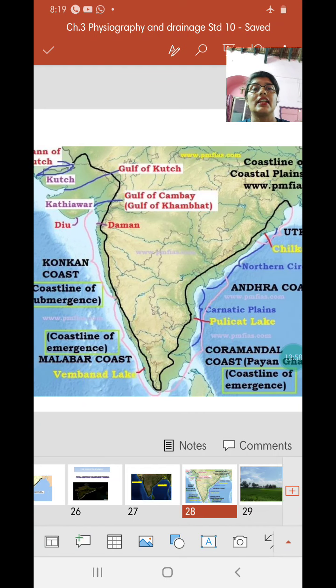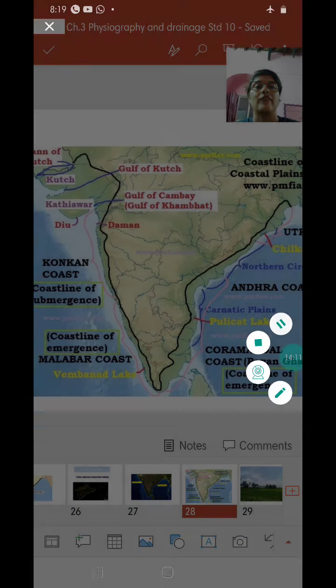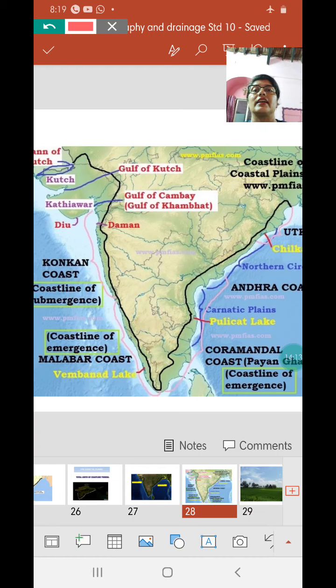The western and eastern coastal plains have got certain names, just as we spoke about the plateau. We have the Maharashtra plateau, Karnataka plateau, Telangana, Andhra plateau. Similarly, even the coastal plains have got names. Here you have the Gujarat coast, that is the Kutch and Kathiawar region.